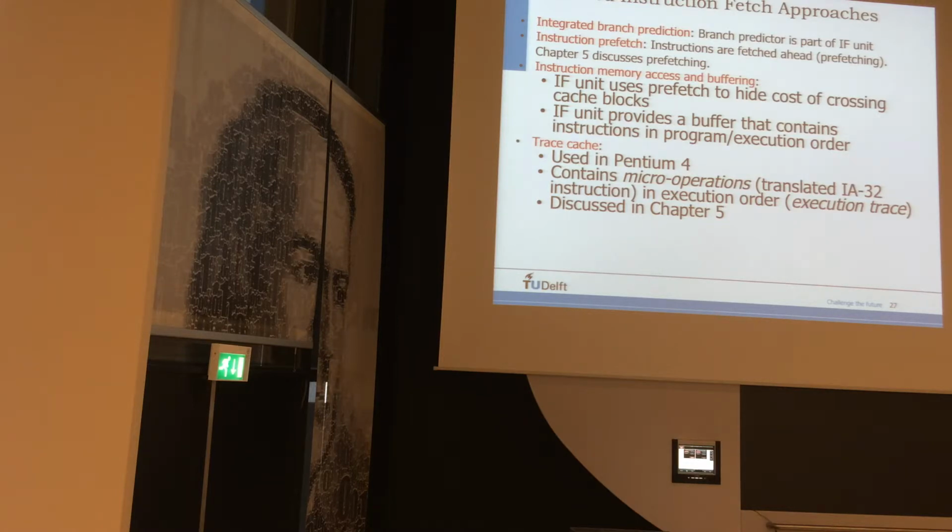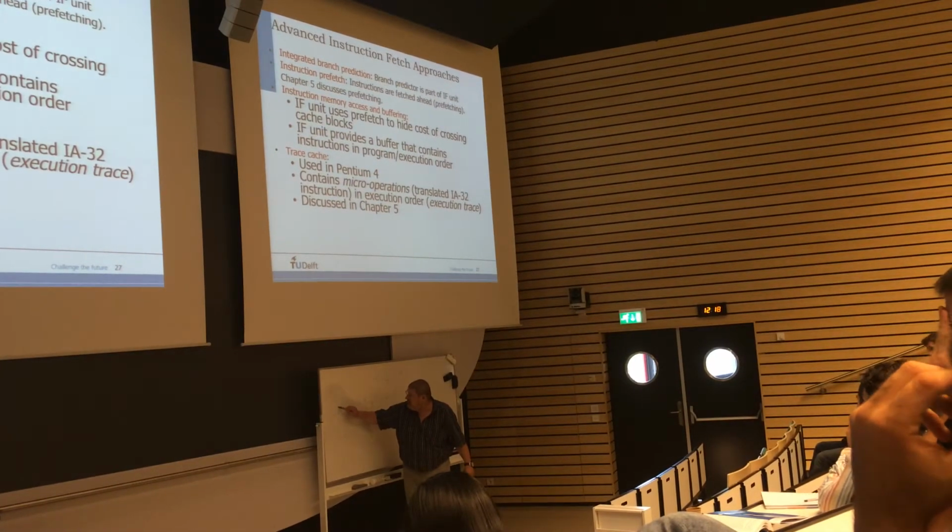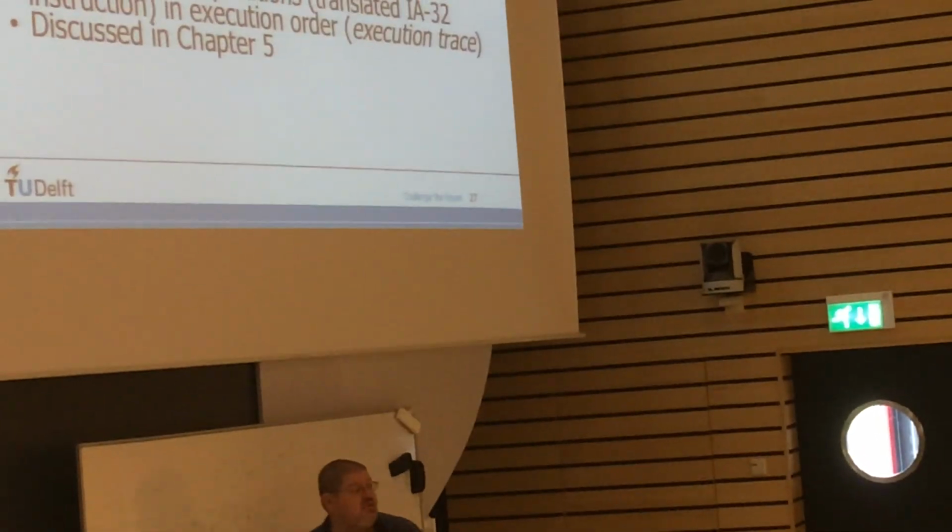Then instead of taking, let's say, this piece and putting it here in this cache line, you take the execution of the program and put it in consecutive locations in a cache. Let's say this will be consecutive, then this consecutive and this consecutive will follow in your memory.